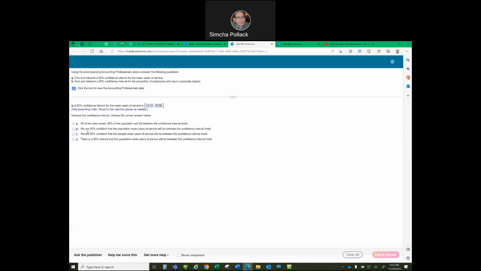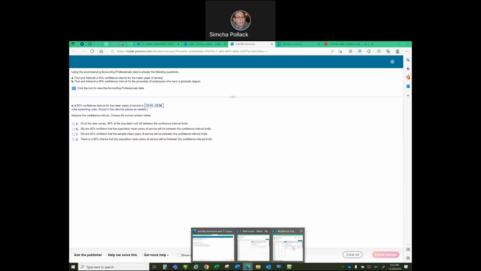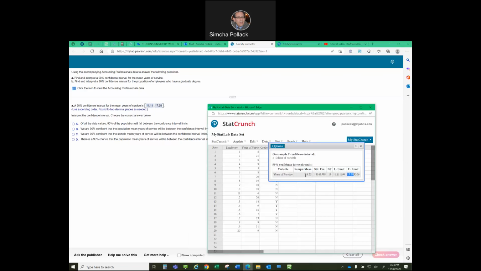Okay. What does it mean to be 90% confident that the population average is somewhere between 11 and 17? Again, think about it. We just got an average of, I guess it's going to be on the printout, the actual average was 14.25. That was the actual average of the sample of 20 people. But that's just a sample of 20 people.